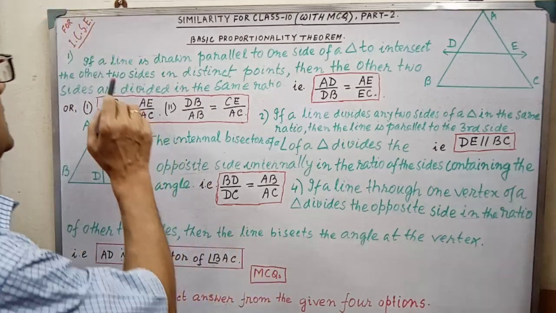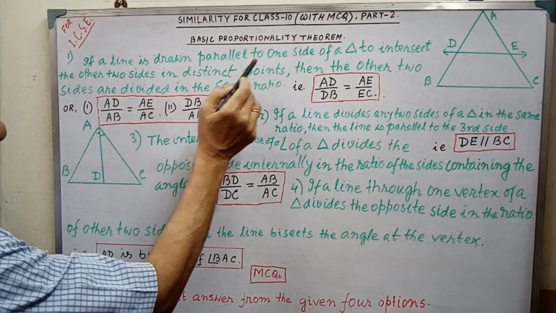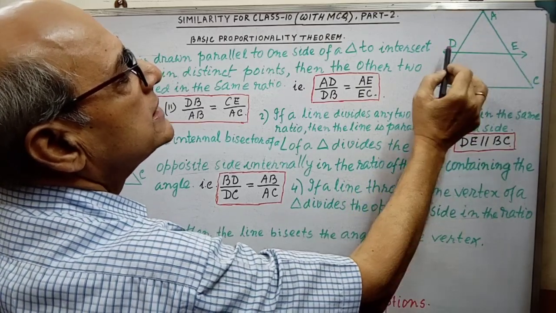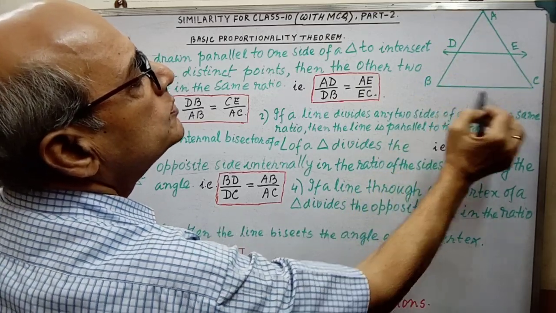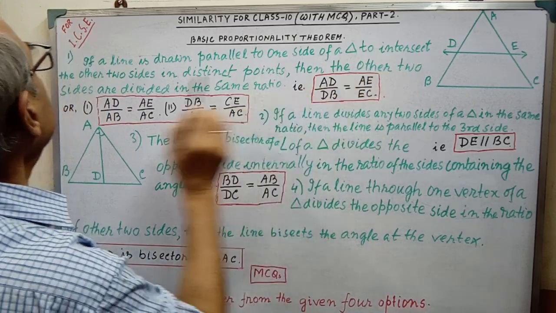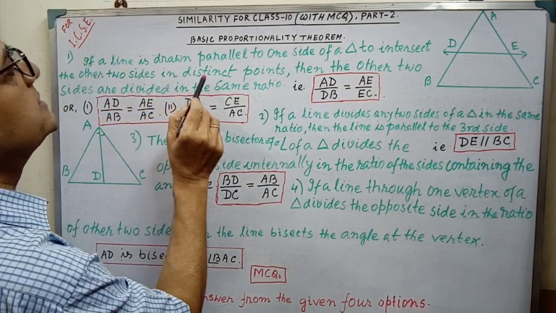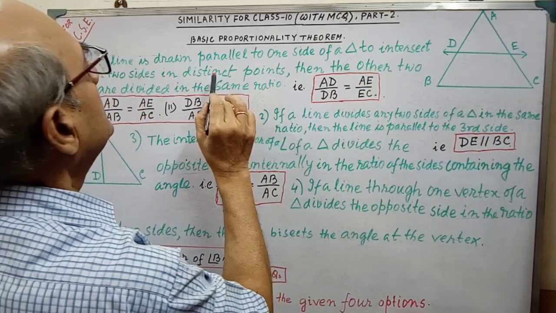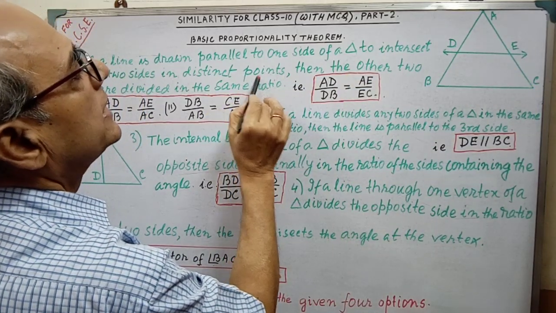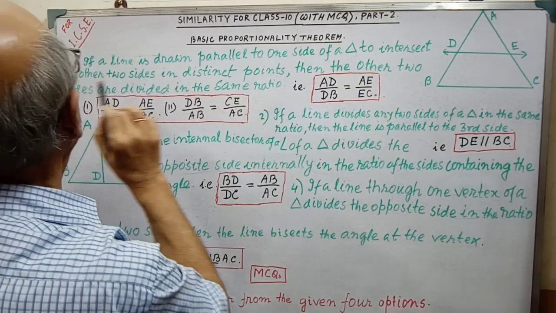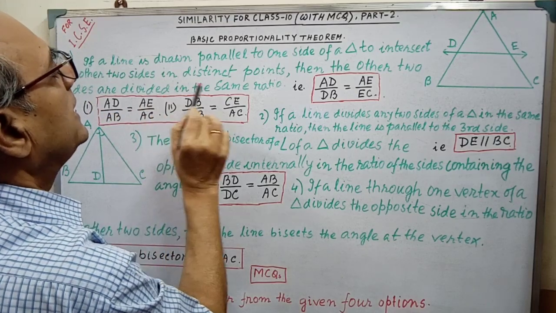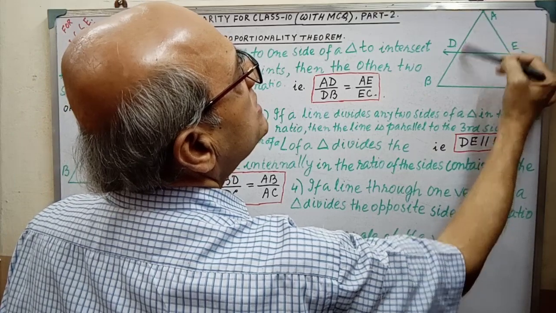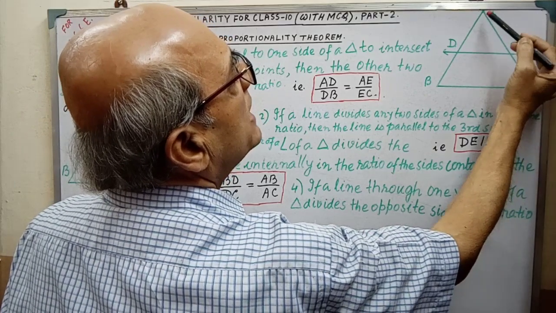Listen, if a line is drawn parallel to one side of a triangle, this line is parallel to BC, to intersect the other two sides in distinct points, then the other two sides are divided in the same ratio. Other two sides, that means this side and this side, divide in the same ratio.